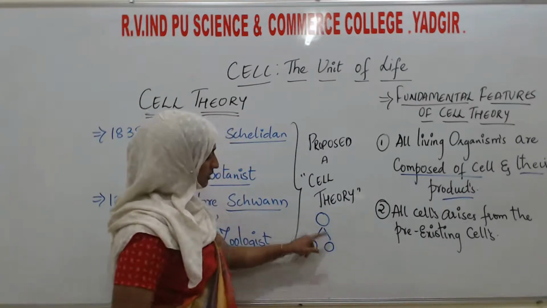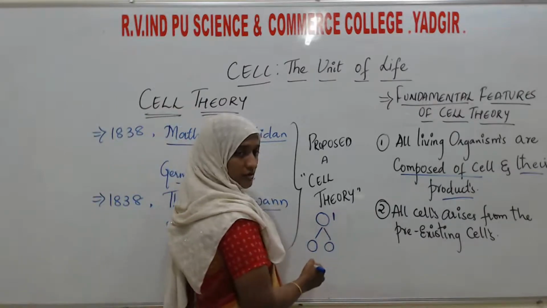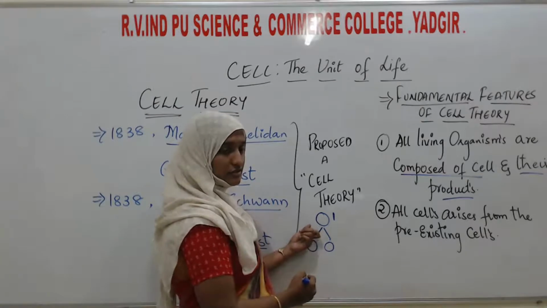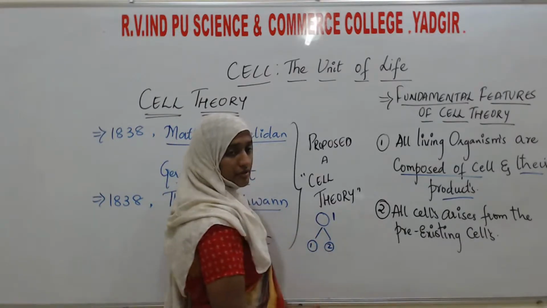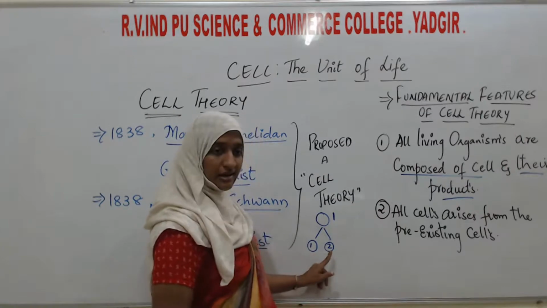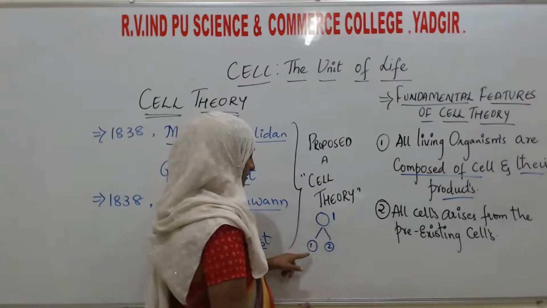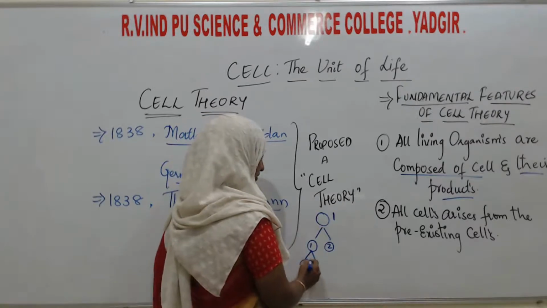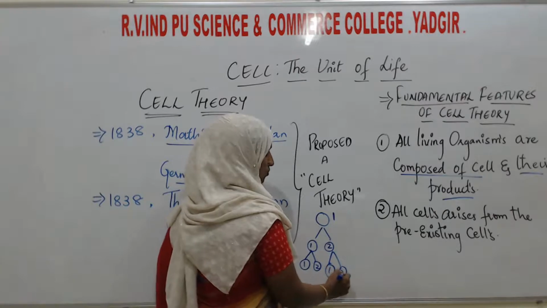That means this is the first cell. In the first generation, this is the first cell, and here it is the first and second cell. These 1 and 2 cells are coming from the one cell. Again this will divide and they will form 1, 2, 1, 2.